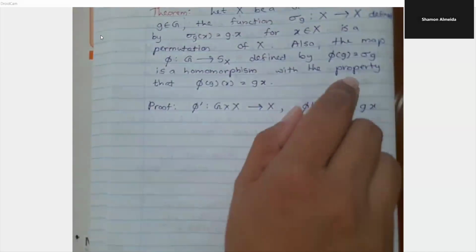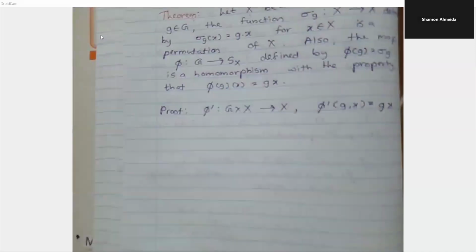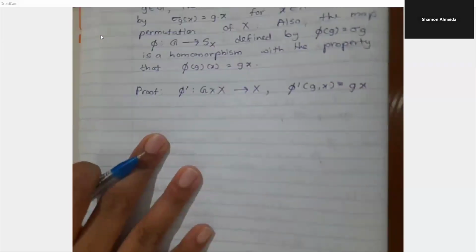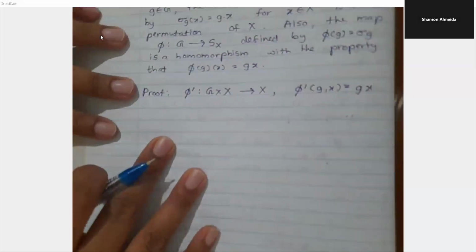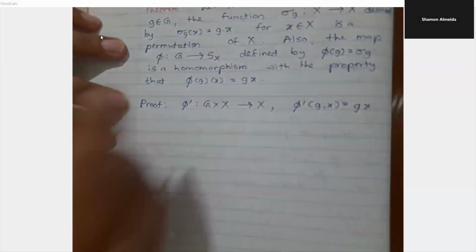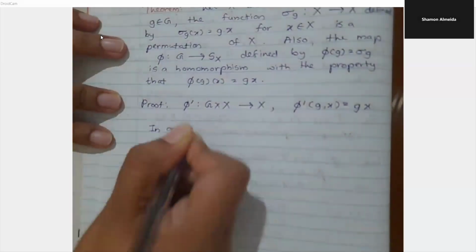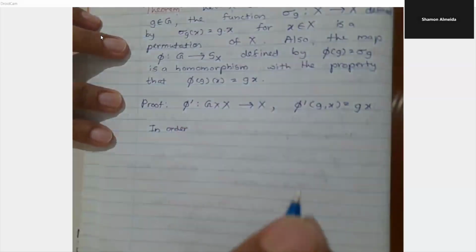It's a homomorphism. We had shown that this is a homomorphism with this given property. So the first thing is we had to show that sigma g is a permutation.